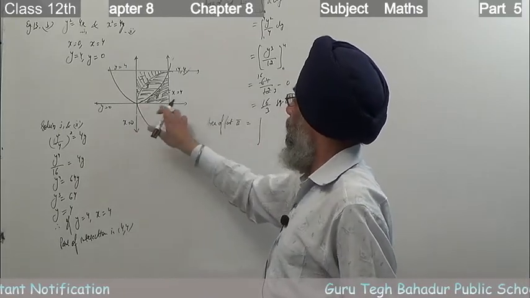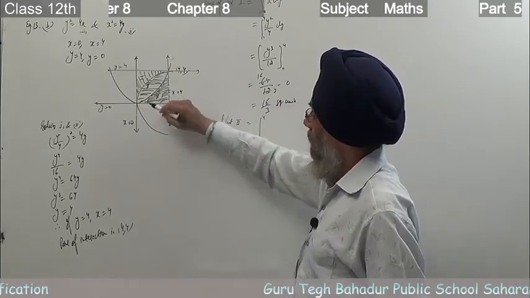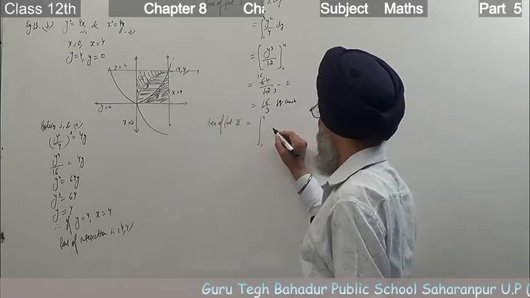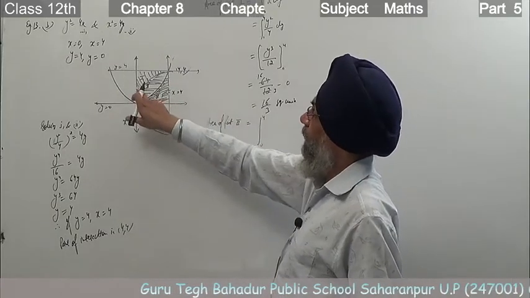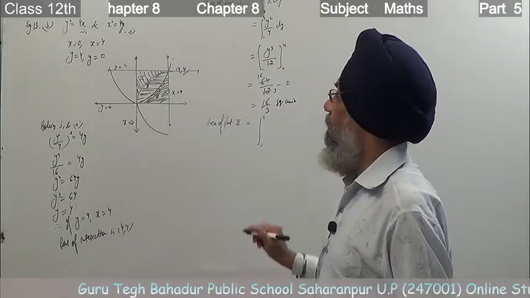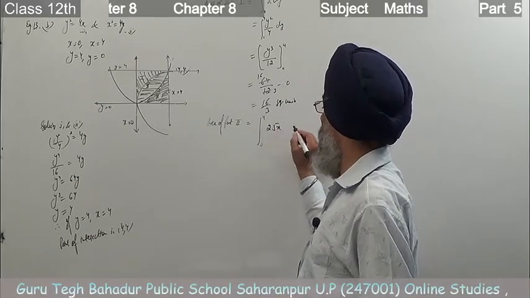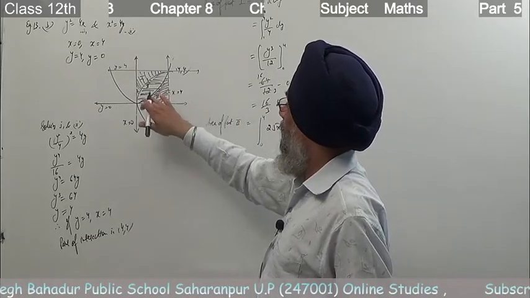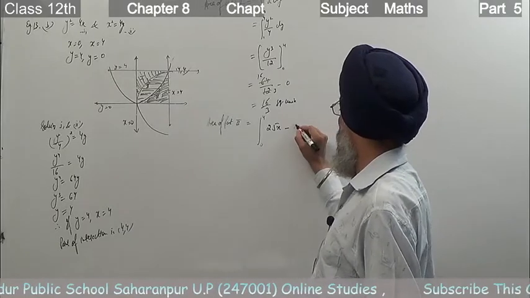Further, if you take the second region here, this one, area of part 2. It's again from 0 to 4. This one is the upper curve, this one is the lower curve. So, which curve is this? That is y square is 4x. So, y in terms of x gives you 2 square root of x minus, this is x square is 4y, x square upon 4.